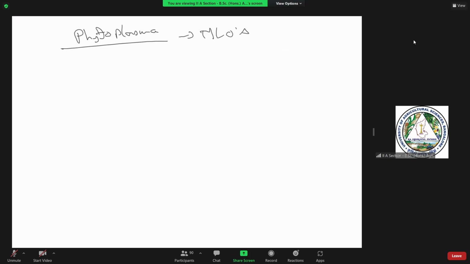This was recently identified by Doi and his co-workers, and Ishii also worked on it later from Japan. They found that it is a mycoplasmatic organism, mainly causing yellow type of diseases. Anything where the plant is becoming yellow was considered to be mycoplasma-like organisms, and now it is called a phytoplasma.